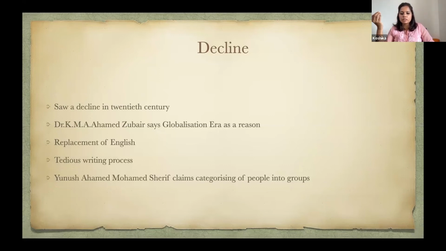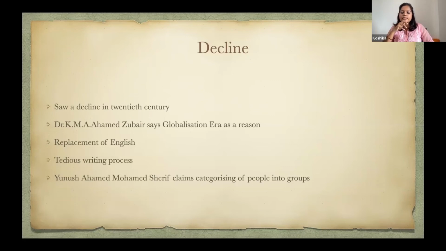They started practicing their scripts in Urdu. They started writing their literary works in Urdu. To have a good standing in society, it is said that Tamil Muslims were called the low Muslim converts, and Urdu speaking Muslims were called the actual Muslims in India.